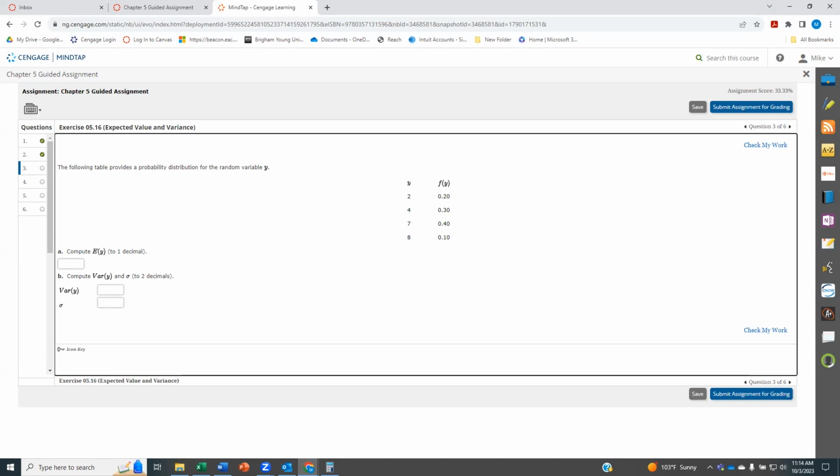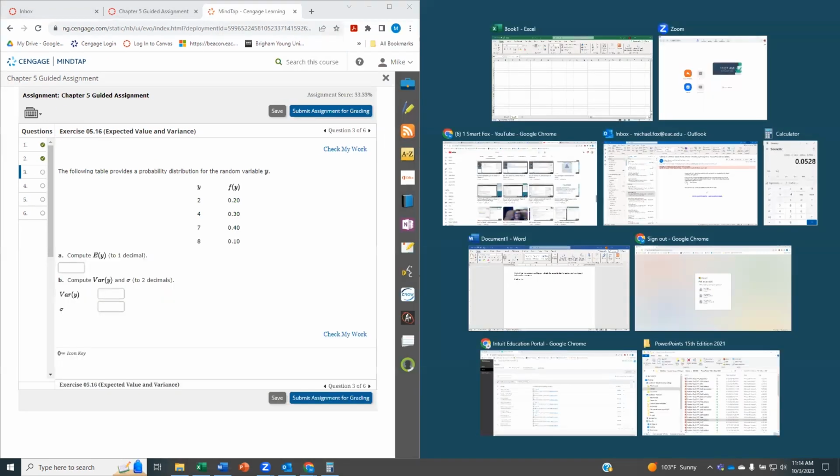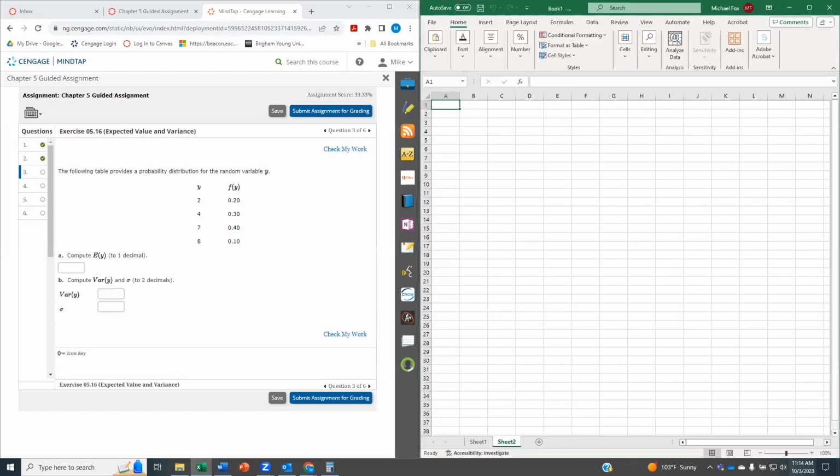So they want us to compute the expected value of y to 1 decimal. So I'm just going to bring an Excel spreadsheet up here.